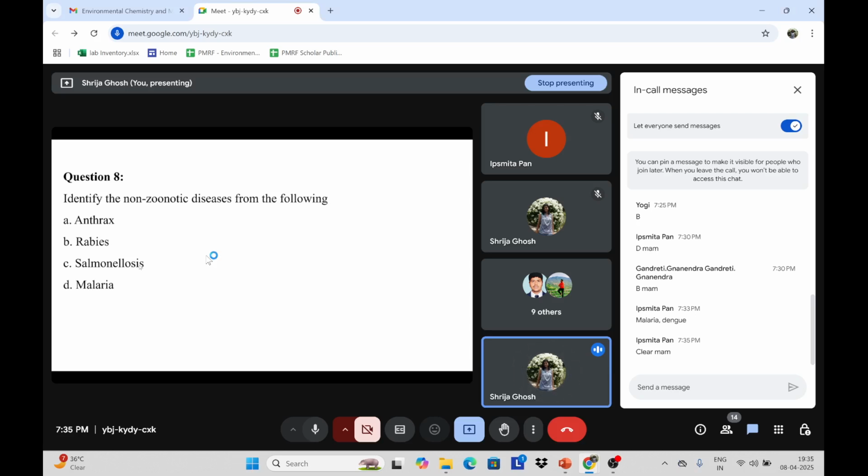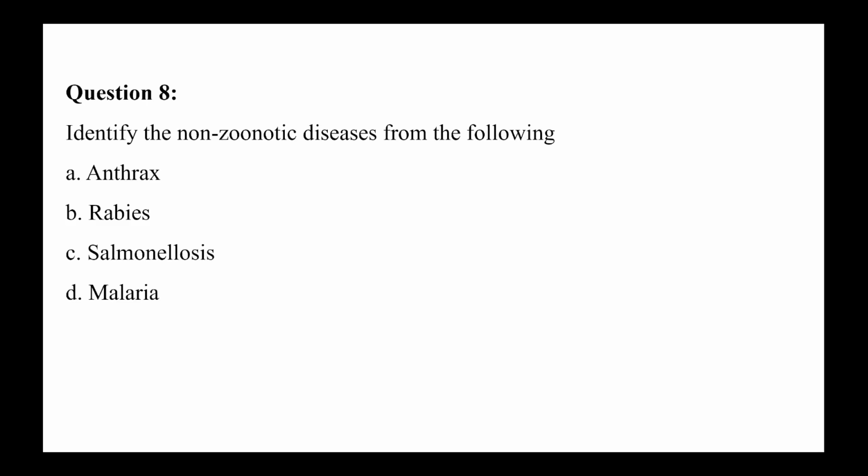Okay, moving on to the next question. Question number 8. Identify the non-zoonotic diseases from the following. Option A, anthrax. Option B, rabies. Option C, salmonellosis.